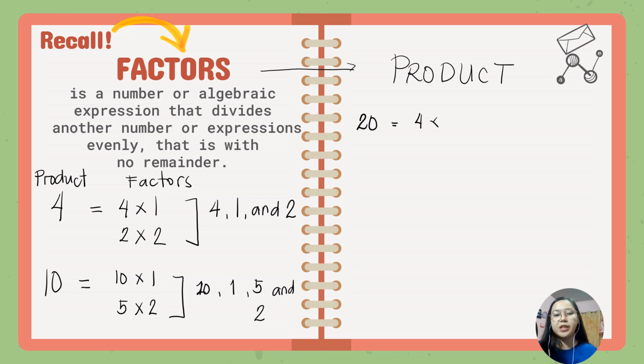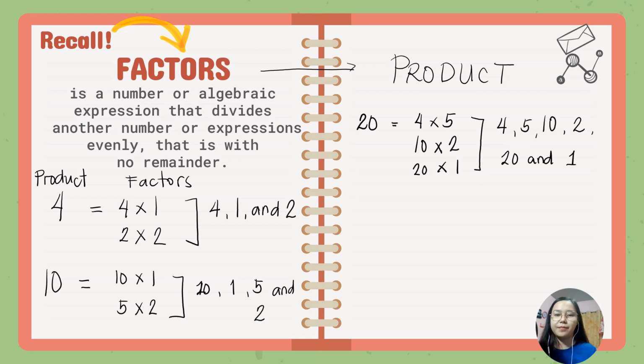We have 4 times 5, 10 times 2, and 20 times 1. So the factors of 20 are 4, 5, 10, 2, 20, and 1. So that is the factors and the product, and this is our lesson for today. Medyo mabigat lang, pero madali lang yan. Ganyan lang yon.